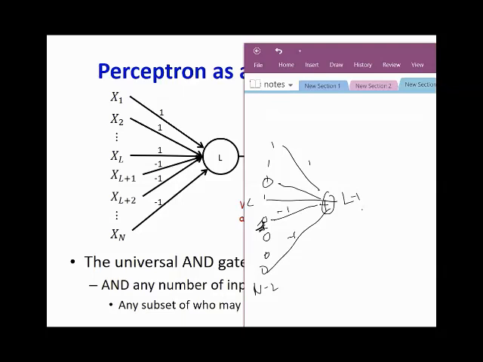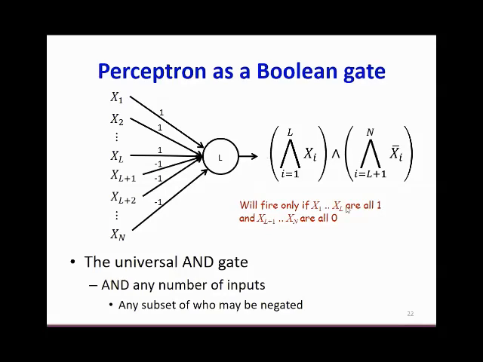And once again, the sum is going to become less than L. And so this will not fire. And so you can see why you can set up the perceptron to fire under very specific conditions. This is a universal AND gate which can fire under very specific patterns of inputs.